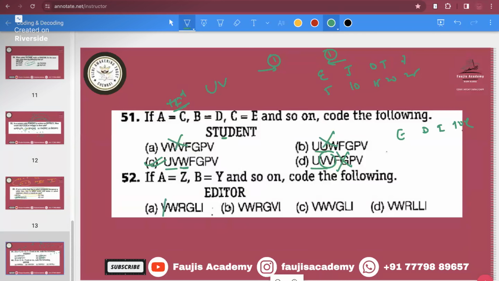V. There is no point in solving for the first one. Then we have W. R. That means we should try to solve this one. I, J. So ninth one from the right hand side.